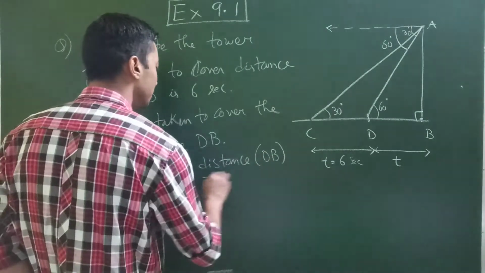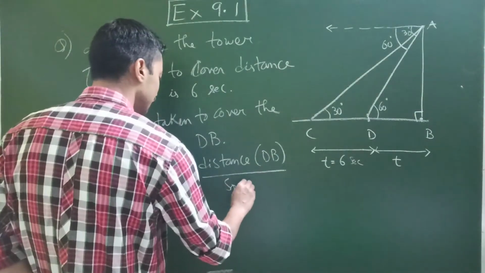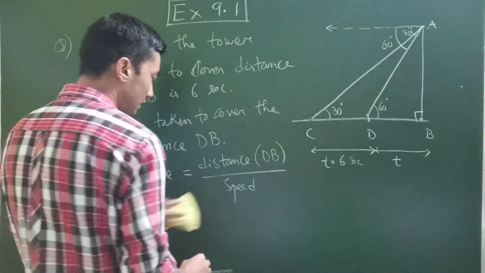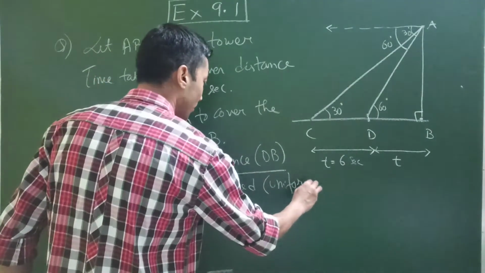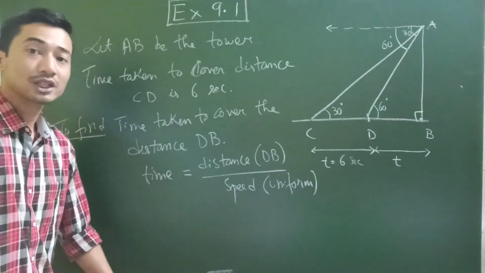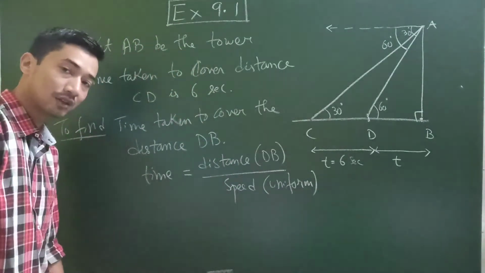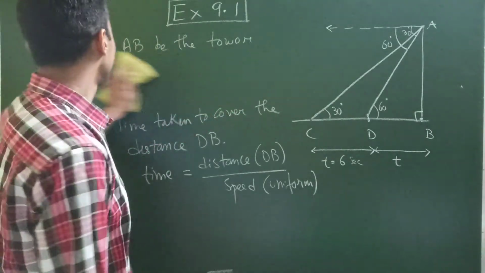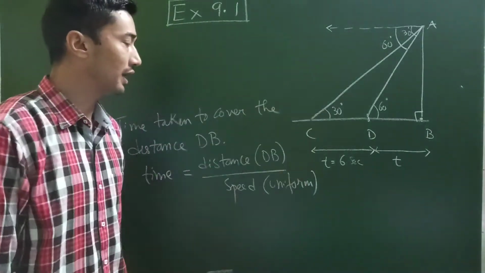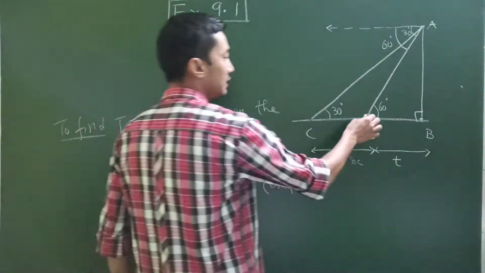Distance, that's going to be DB divided by speed, and this speed, I'm just writing it in brackets here for our own understanding, is going to be the uniform speed. Okay. Alright, so that means our job is to find the distance DB.